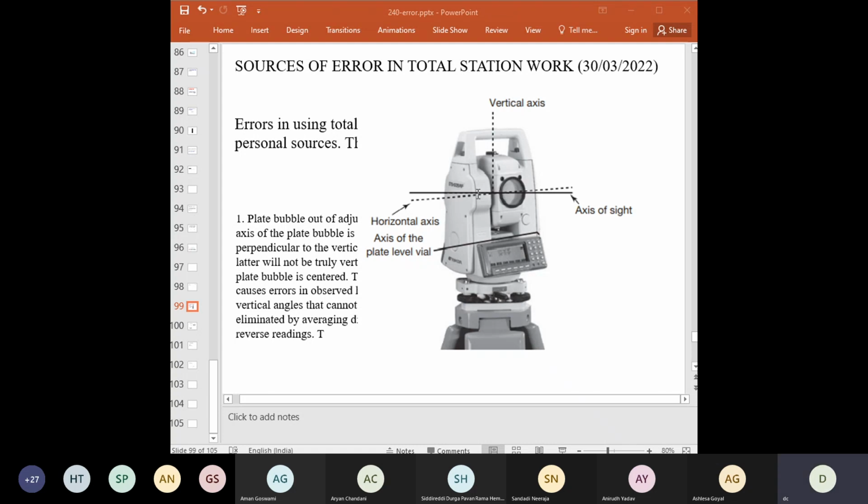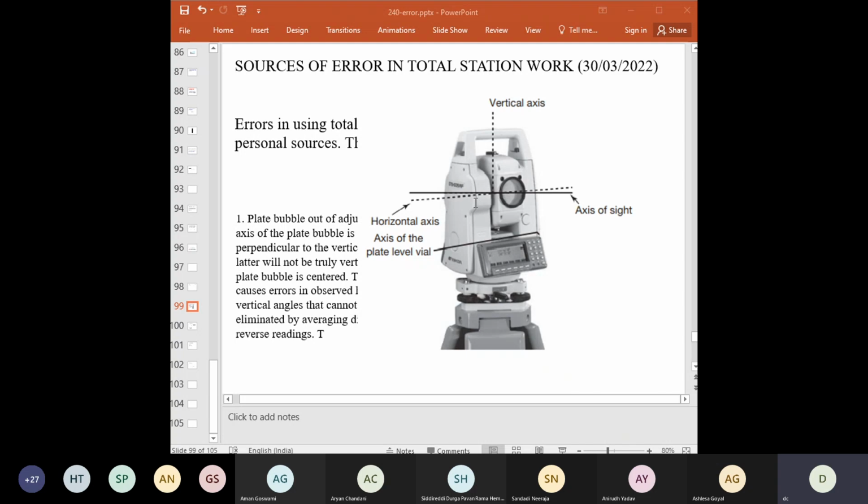As discussed earlier, a properly adjusted instrument will have minimum error, and these axes must bear a specific relation to each other. The vertical axis should be perpendicular to the axis of the plate level vial. The horizontal axis should be perpendicular to the vertical axis, and the axis of sight, the line of sight, should be perpendicular to the horizontal axis.